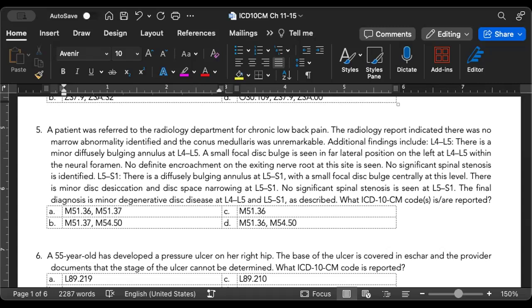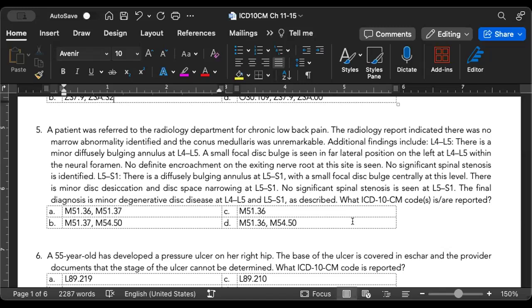At L5S1, there is a diffusely bulging annulus with a small focal disc bulge centrally at this level. There is a minor disc desiccation and disc space narrowing at L5S1. There is no significant spinal stenosis seen at L5S1, and the final diagnosis is minor degenerative disc disease at L4, L5, and at L5S1. So what ICD-10 code or codes should we report?